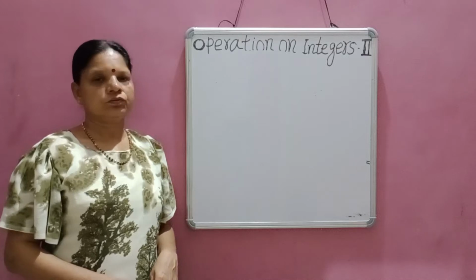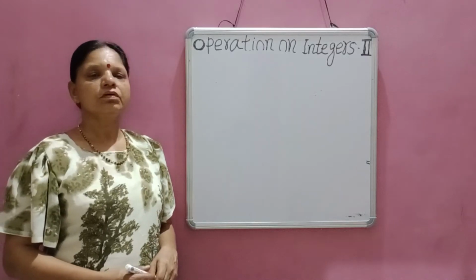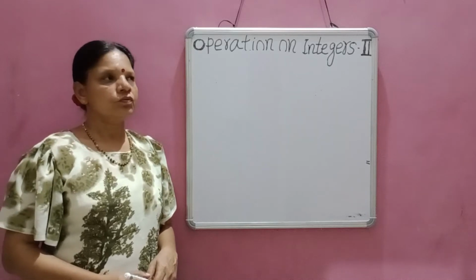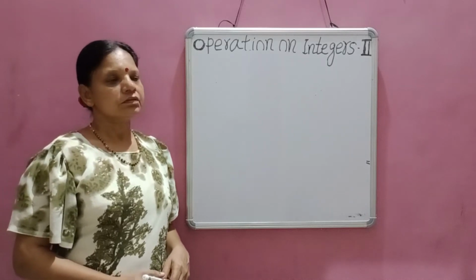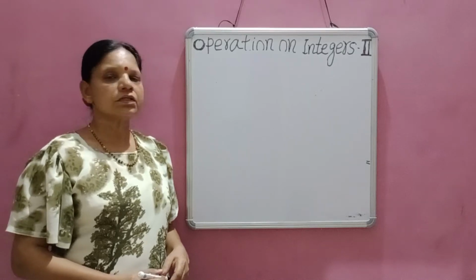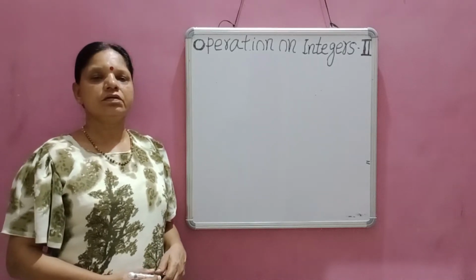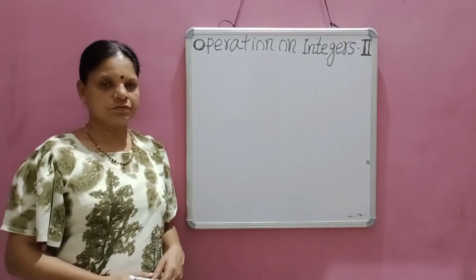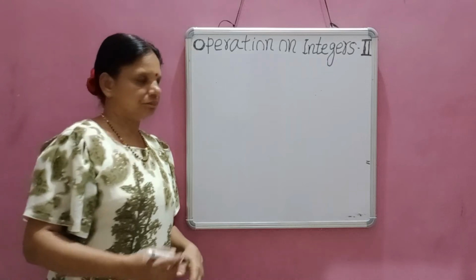So we'll study the rule for multiplication. First we will study what is the multiplication of any integer by zero, whether it is positive or negative.